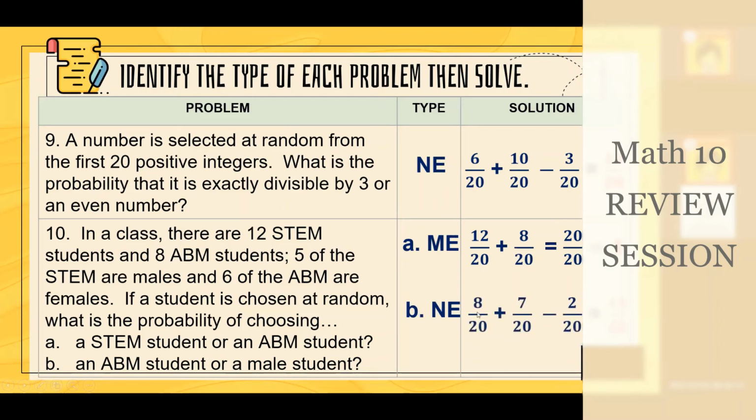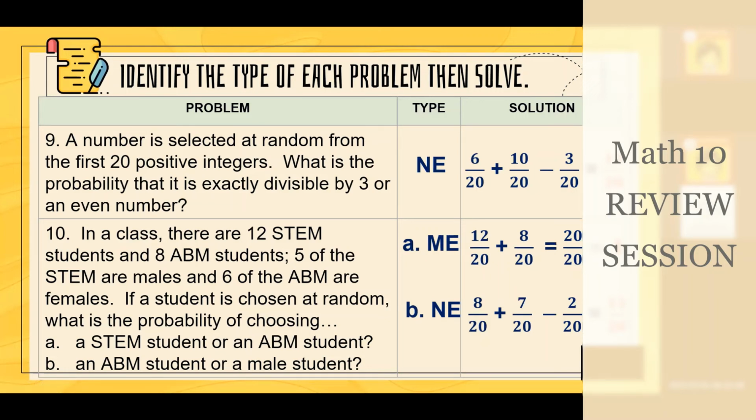So let's see. There are 8 ABM, kaya 8 over 20, plus 7 over 20, there are 7 males in all, right? Whether ABM or STEM. Look, 5 of the STEM are males, so yun na yung 5. Plus 6 of the ABM are female. So kung 6 ang female and there are 8 ABM students, therefore there are 2 males.